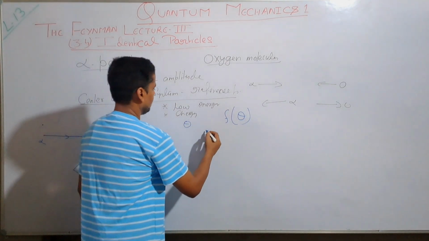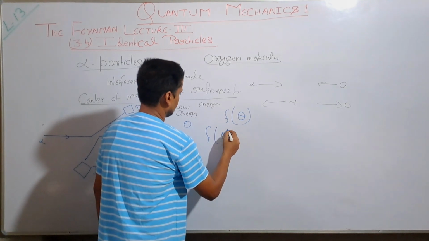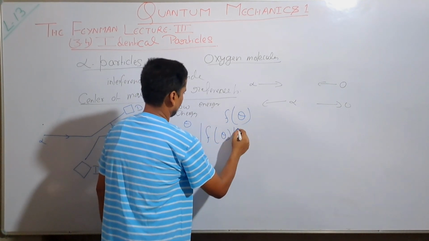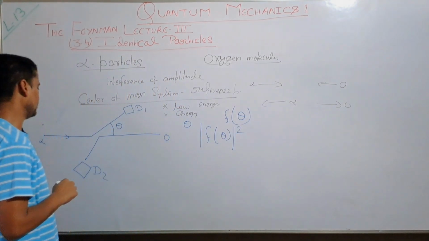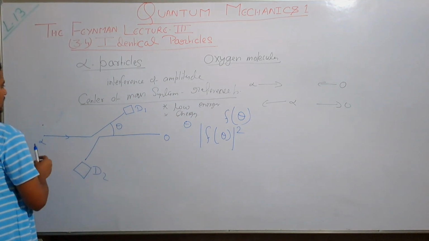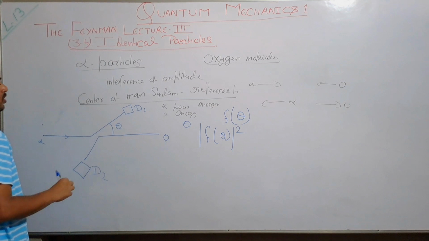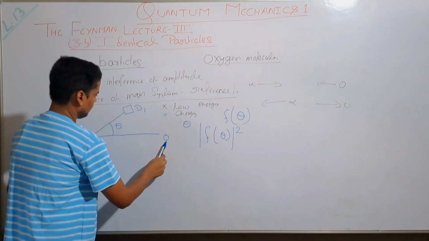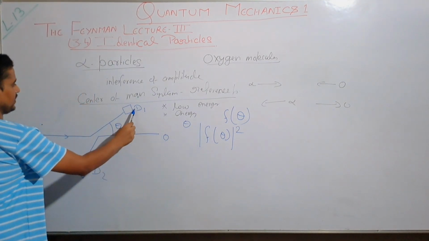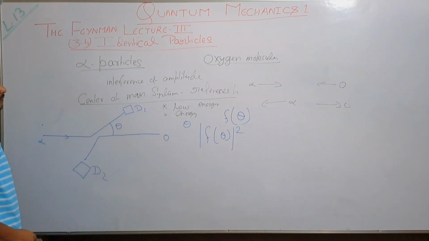Simply, the probability will be f theta whole square. After that the alpha particle can reach either detector D1 or D2. In the same way, the oxygen molecule can be detected at D1 or D2.